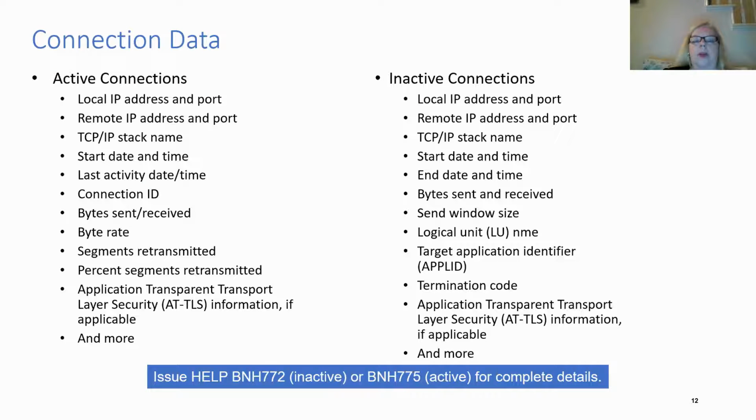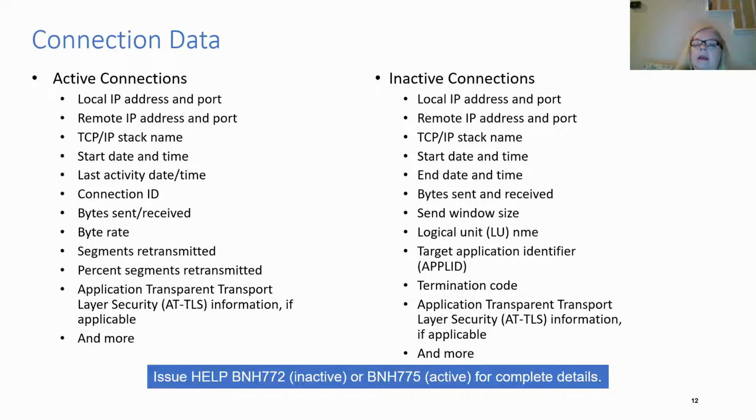So what data do we have for active connections and inactive connections? I'm not going to go through all of this. We basically have your typical local and remote IP address and port, the stack name, things like bytes sent and received, your byte rate, segments sent and received, those types of things. We also have some information about AT-TLS if it's applicable.